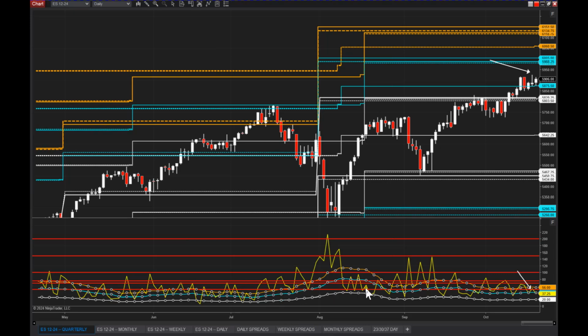And this is an important concept because you can see when that yellow line is inside the distribution, you're not going to break out. But when you're outside the distribution, that's that big range expansion opportunity.